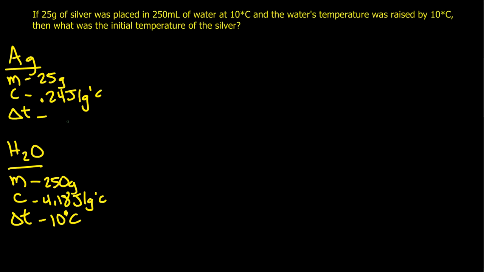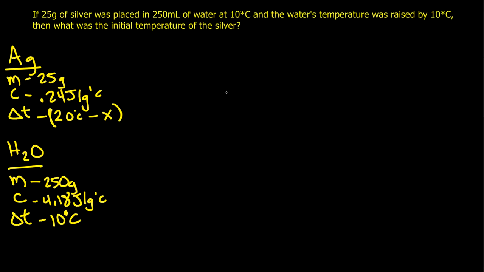So I got to figure out what was the final temperature. Well, if water was 10 degrees Celsius and was raised by 10 degrees, then that means it went up to 20 degrees Celsius. So if the water was 20 degrees Celsius in the end, so was the silver. So this was 20 degrees Celsius. And I'm looking for the initial, so that's going to be X.